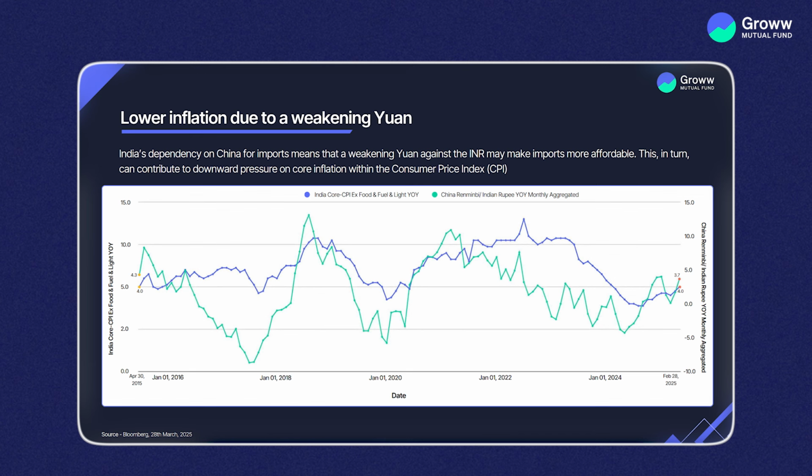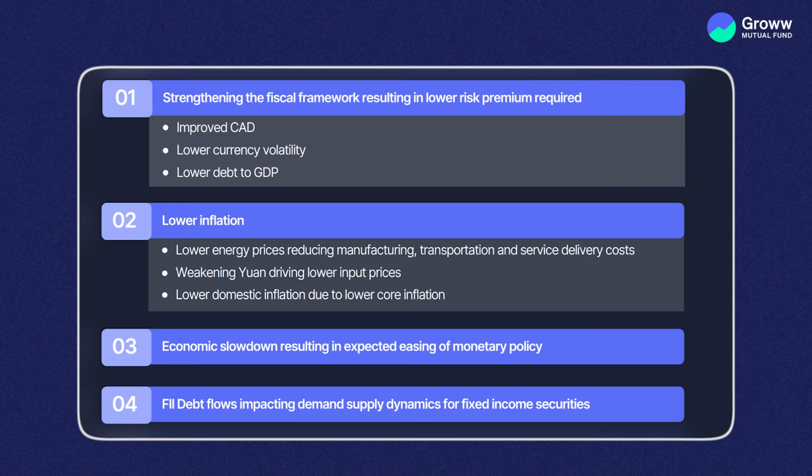Overall, energy prices as well as core inflation are under control, because in the current geopolitical scenario we are getting cheaper goods from China, which is also helping our inflation. So all these medium to long term as well as near term factors are in favor of government securities yields. That's why we believe that currently it's the right time to invest in a gilt fund.